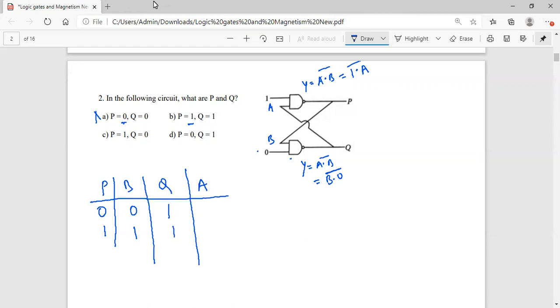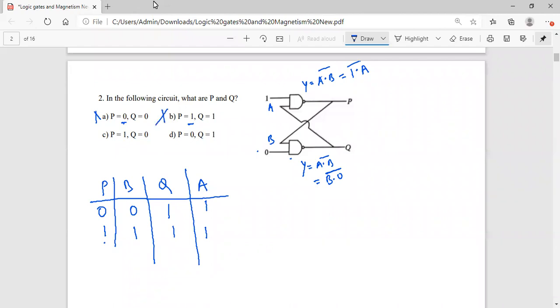Q is equal to 1. The same is connected to A. Therefore A is equal to 1. 1 into 1 is 1, and 1 bar is 0. P should be equal to 0, but what we are getting is P equal to 1. Therefore, option B is also wrong.